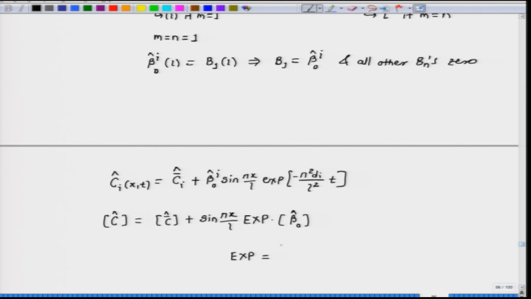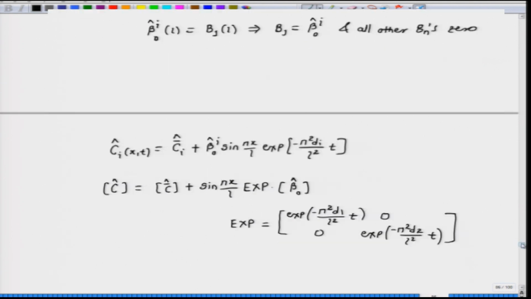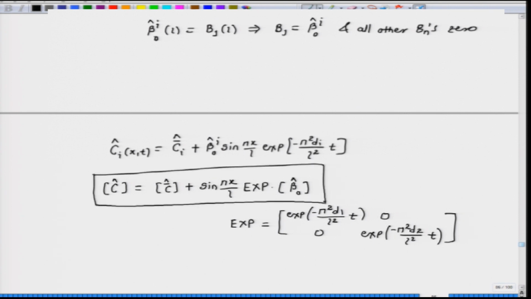So, for a ternary system, this is exponential of minus pi square d1 by L square t, 0, 0, exponential of minus pi square d2 by L square t. So, we got the solution for the concentrations in the cap basis.